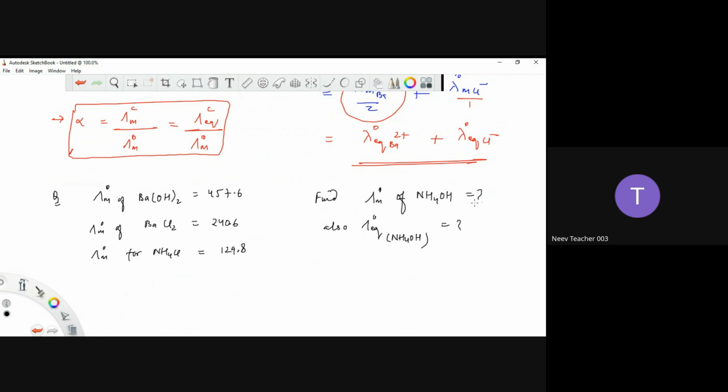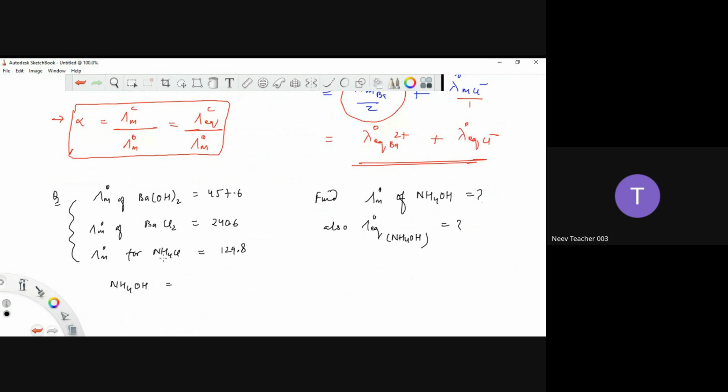Yes, guys, any answer? So by using these three, you need to make NH4OH. How can you do it?